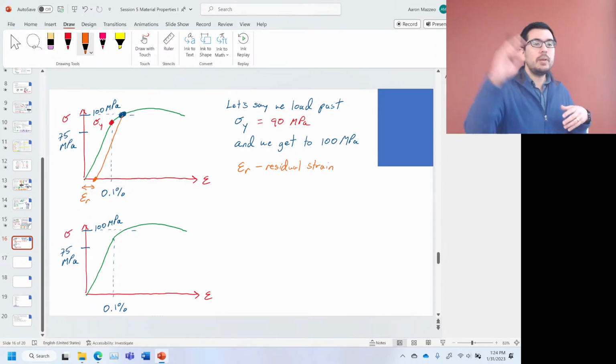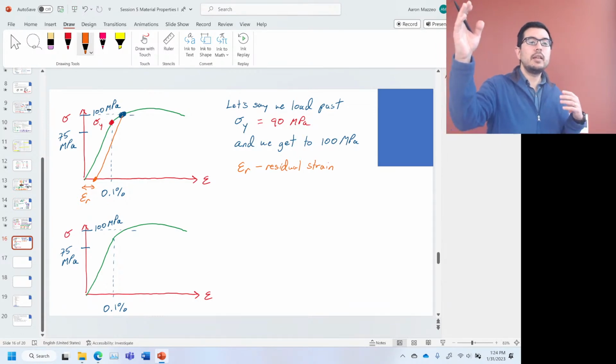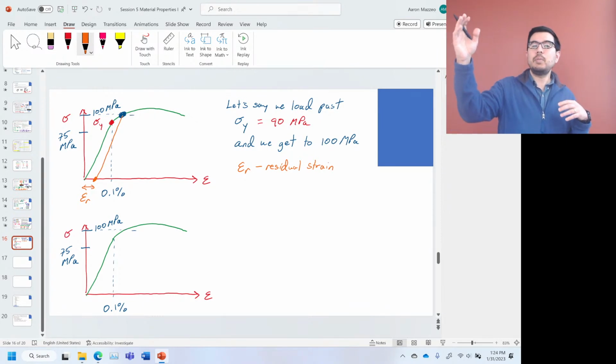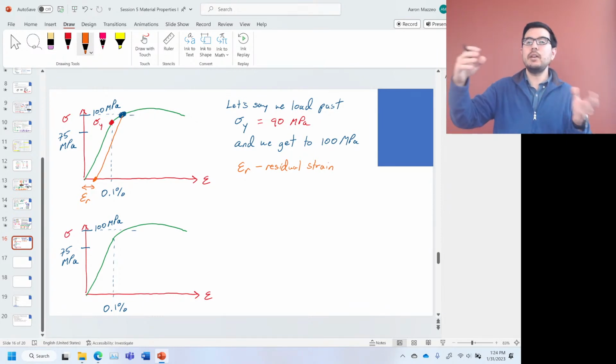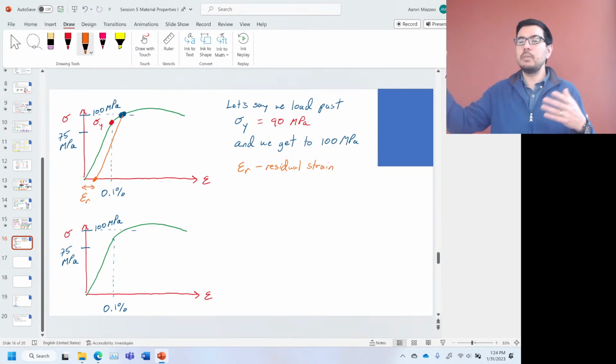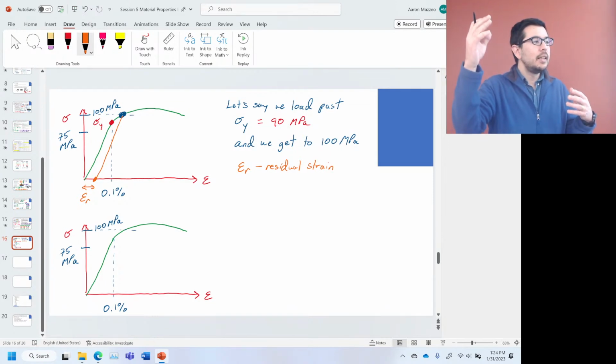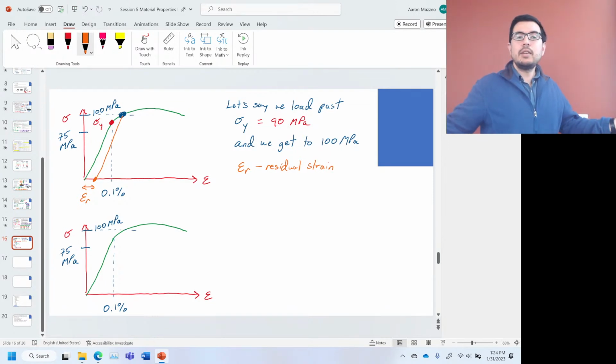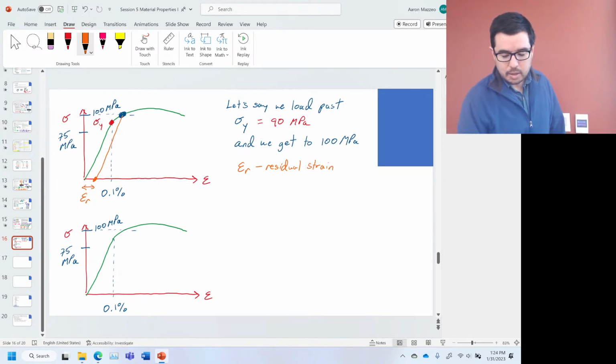So you go up beyond the elastic limit, beyond the yield strength, beyond the yield stress, beyond the proportional limit, whatever you want to call it. And then you release the load, you actually come back down with the same slope. It has the same slope, the elastic modulus.